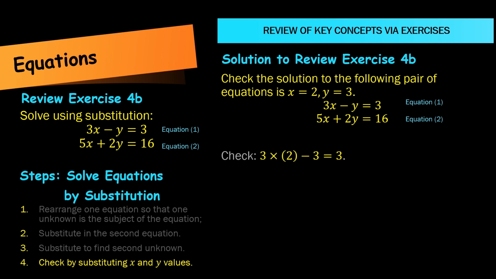Substituting x equals 2 in equation 1 and y equals 3 also in equation 1 gives us that the left-hand side is 3 and the right-hand side is 3 anyway. Now let's substitute x equals 2 and y equals 3 in equation 2.